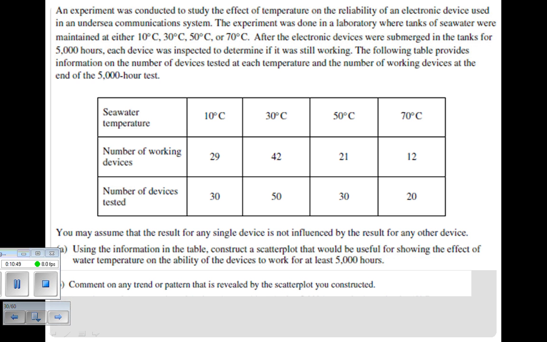The following table provides information on the number of devices tested at each temperature and the number of working devices at the end of the 5,000-hour test. You may assume that the result for any single device is not influenced by the result for any other device. Using the information in the table, construct a scatter plot that would be useful for showing the effect of water temperature on the ability of the devices to work for at least 5,000 hours, and comment on any trend or pattern that is revealed by the scatter plot you constructed. All right, let's see how you do.